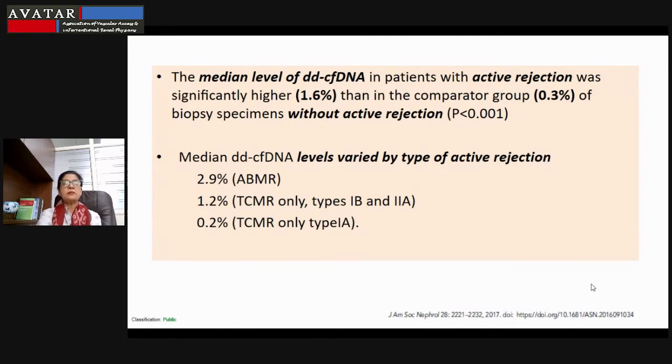Also, they found that the median levels of donor-derived cell-free DNA varied with the type of active rejection. No doubt they were the highest in those with ABMR, and then almost normal with the TCMR rejection types.